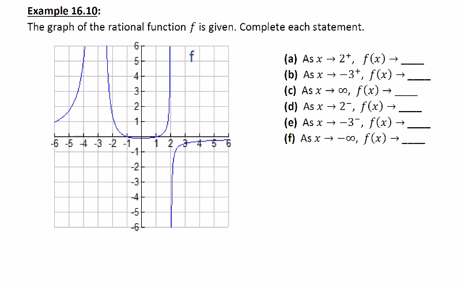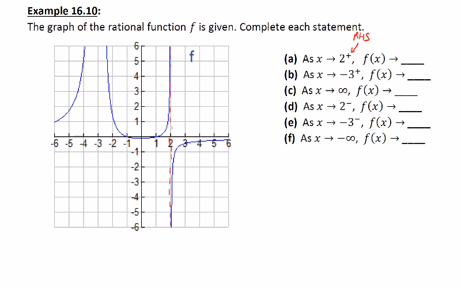So the first statement says, as x approaches 2 from the right-hand side. Remember that this superscript plus means right-hand side. So there should be a vertical asymptote associated with x equals 2 if we're being asked to look to the right of 2.